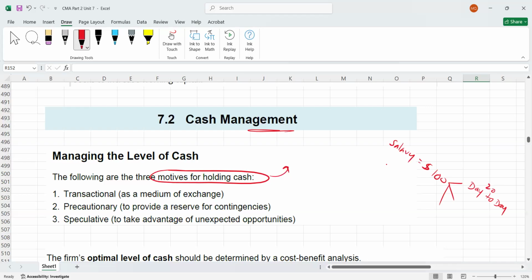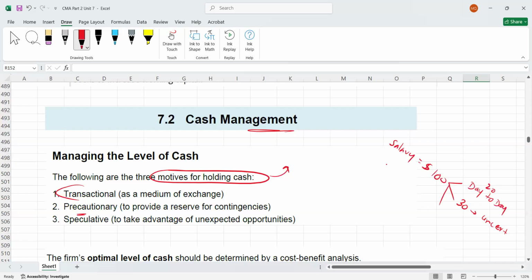This is called the transactional motive, for day-to-day transactions. Then maybe I'm saving $30 every month just for uncertainties, maybe in an emergency I need to travel to my home country, or there could be a medical issue. That is called the precautionary motive, because I'm reserving cash for contingencies.